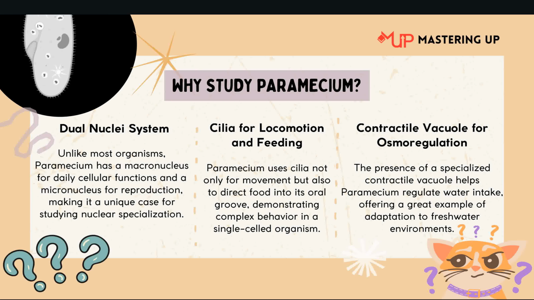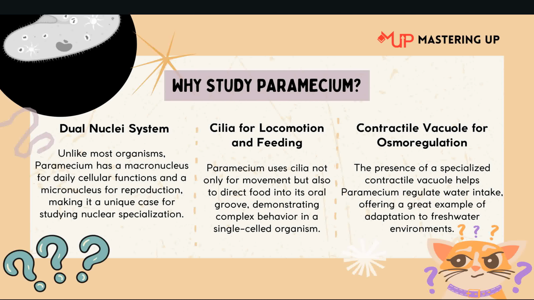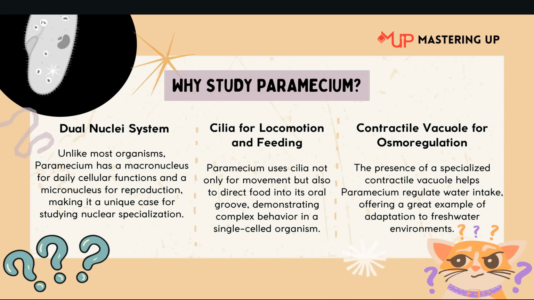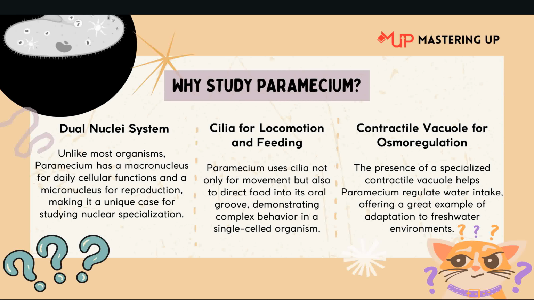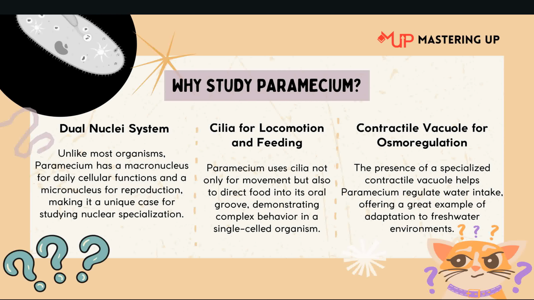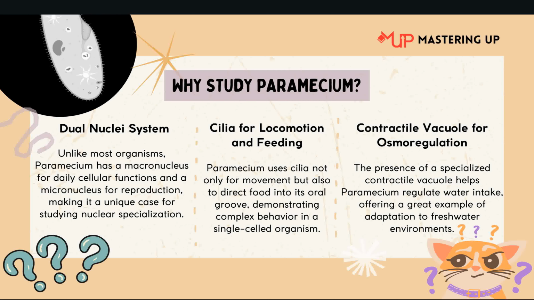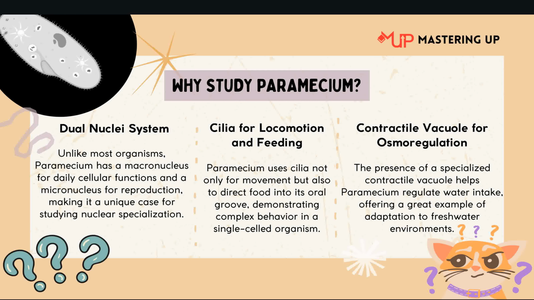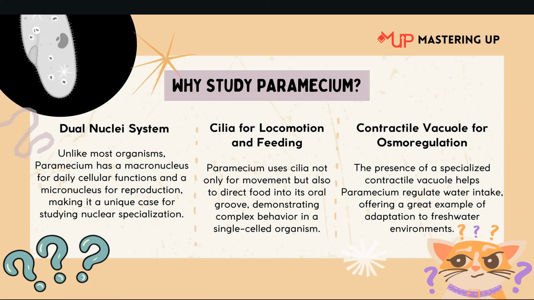Being a unicellular organism, it has complex cellular structures which are worthy of learning. It has a dual nuclei system. Unlike most organisms, paramecium has a macronucleus for daily cellular functions and a micronucleus for reproduction, making it a unique case for studying nuclear specialization.